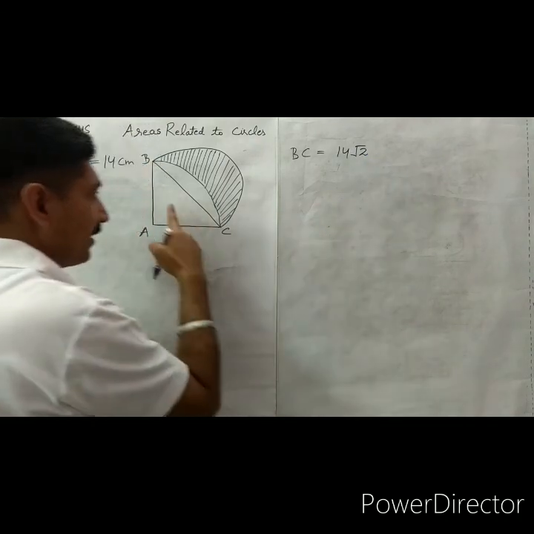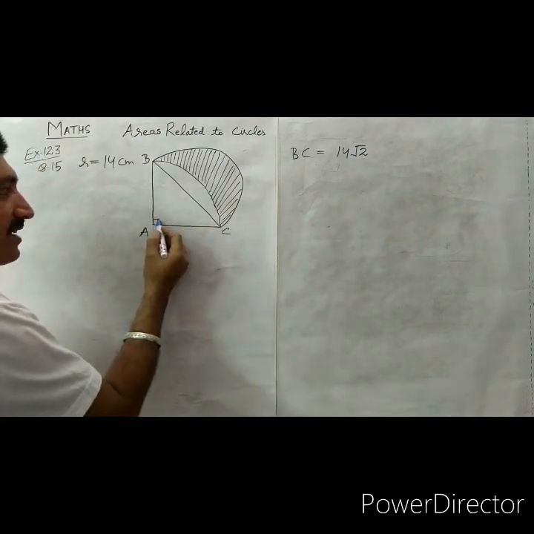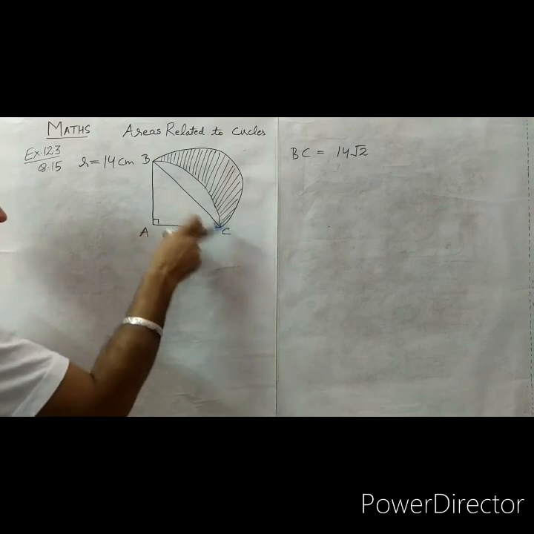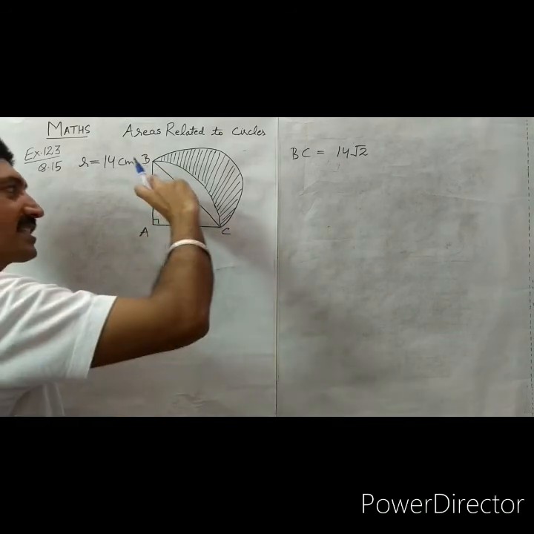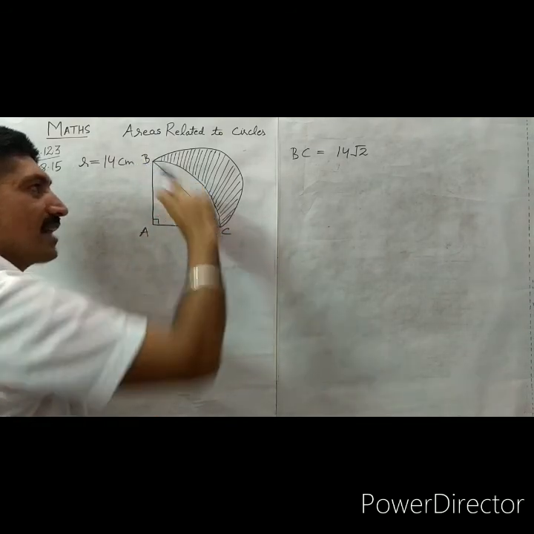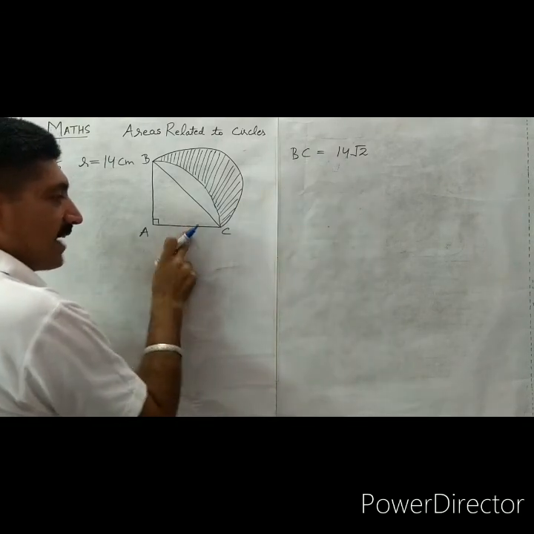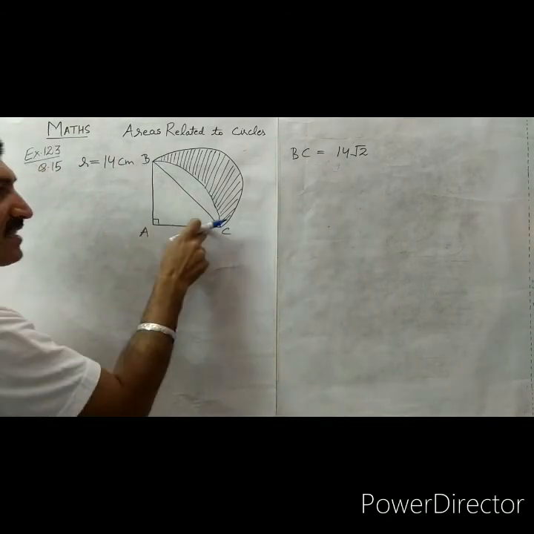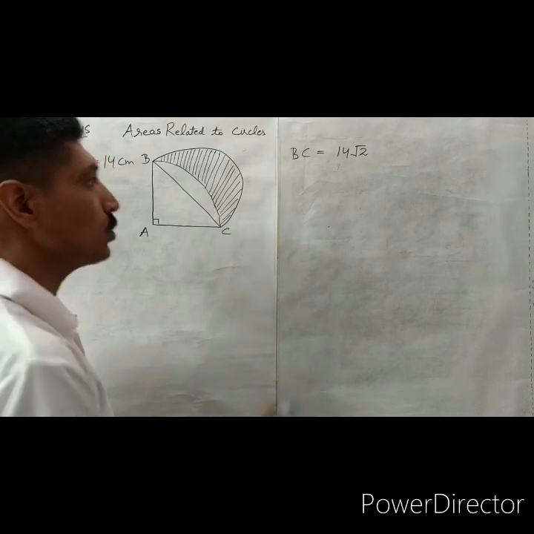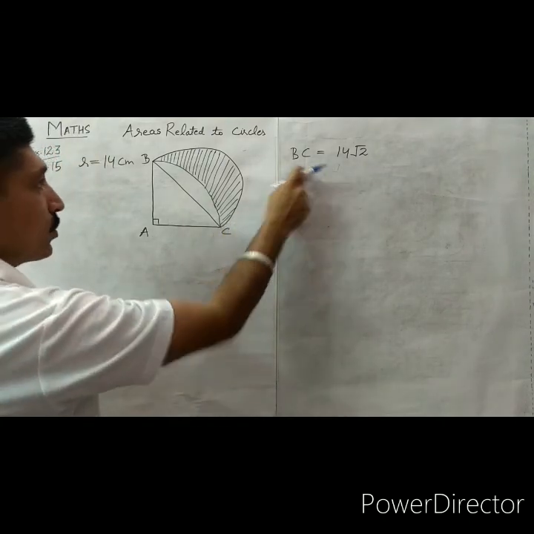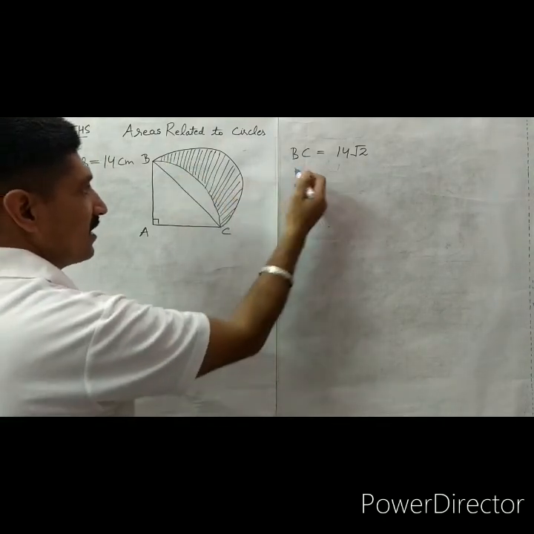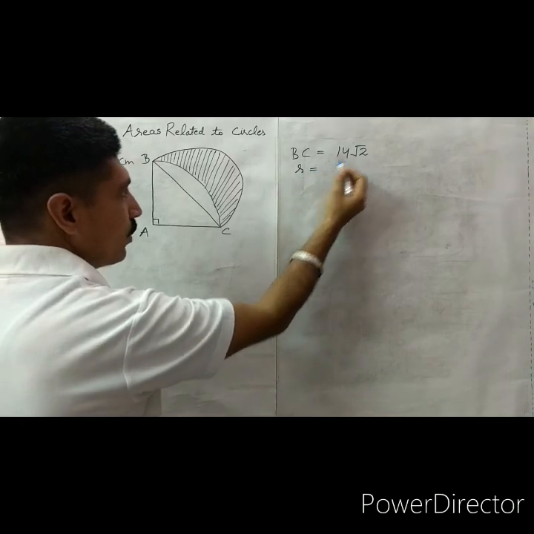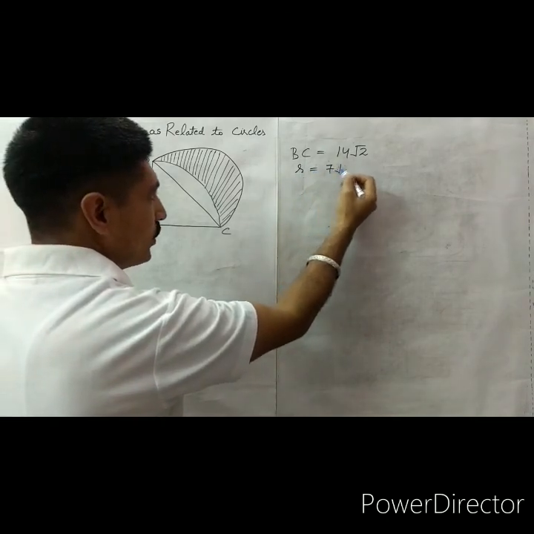When we have an isosceles right angle triangle, this side is also 14, this side is also 14, then its hypotenuse is always, if this side is x here, this is x, BC is always x under root 2 here. So in case of the semicircle, the radius is equal to half of it, that is 7 under root 2.